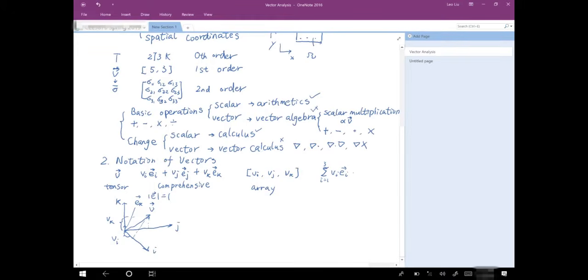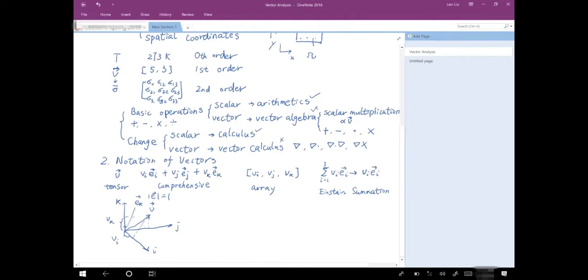So they introduced something called the Einstein summation convention. They said that as long as we have two identical subscripts, for example, in this case we have i as a subscript of v and also as a subscript of e arrow, we can just write it in a simple way.